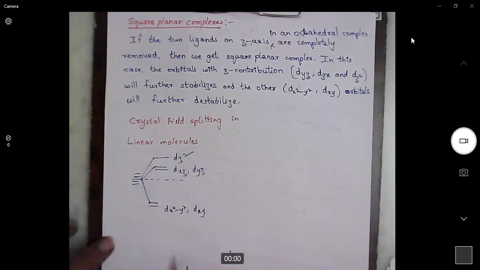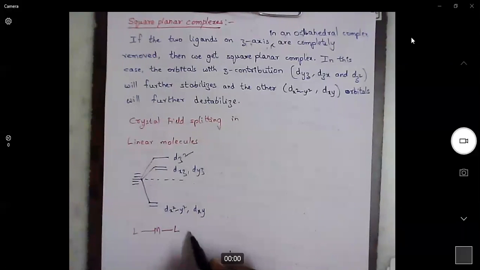What is a linear molecule? When we have a metal which is bonded to two ligands. For example, take this bond axis as the z axis. If this bond axis is the z axis, then ligands are approaching the metal along the z axis.